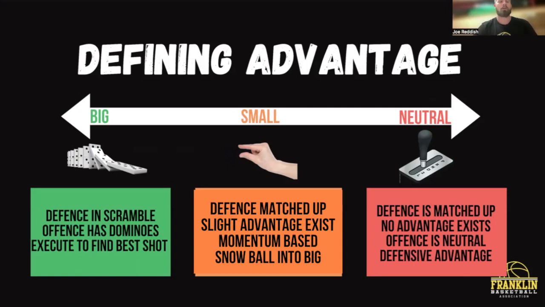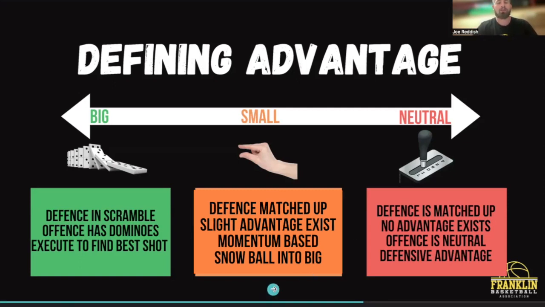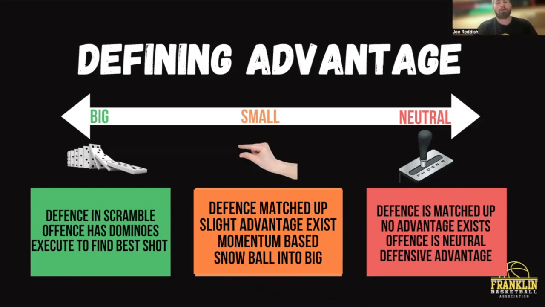What you want to do with that small advantage is snowball it, build on it into a big advantage. Small advantages exist within the game throughout every position. We want to snowball small advantages to get to big.